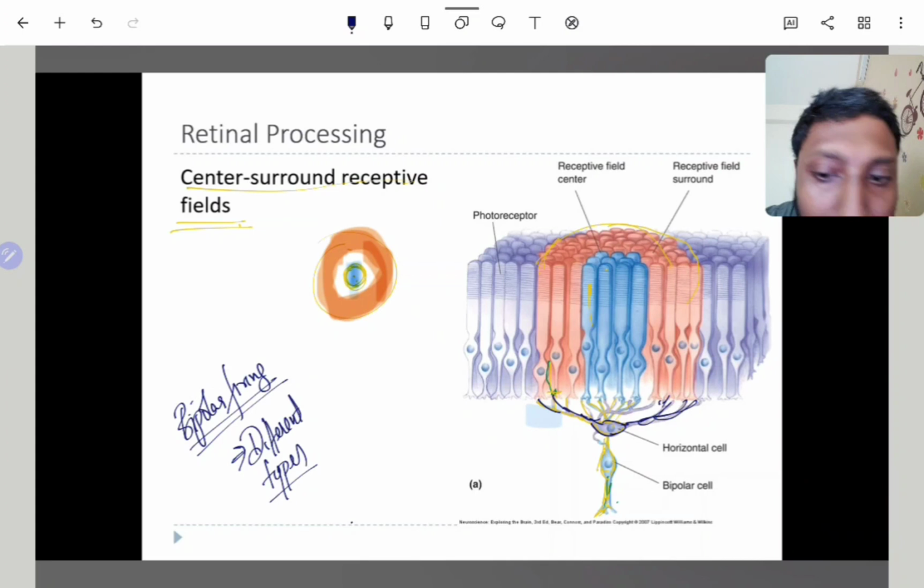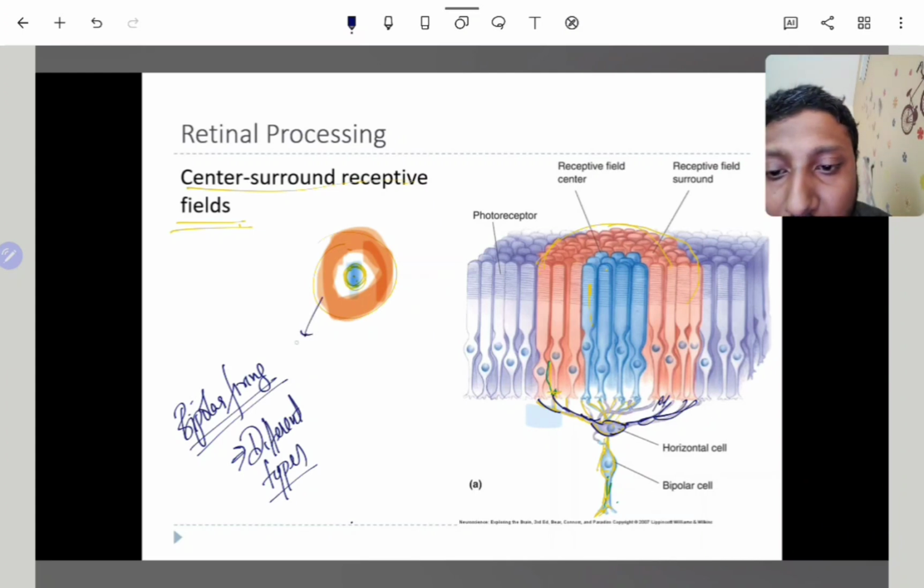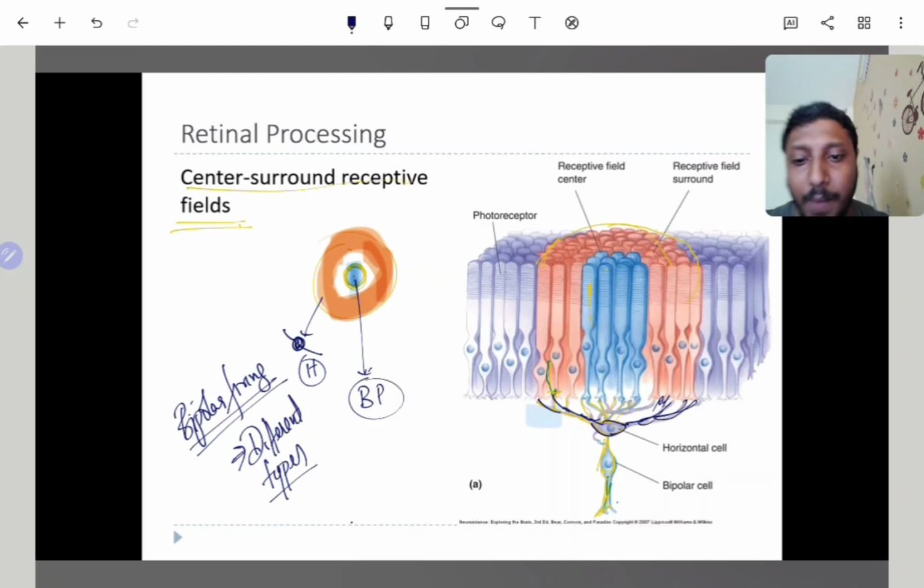The red things are connected to the horizontal cell. We will mark it H, and this is connected to the bipolar cell. So this is the bipolar cell standing here, two poles, bipolar. And the surround is connected to the horizontal cell.